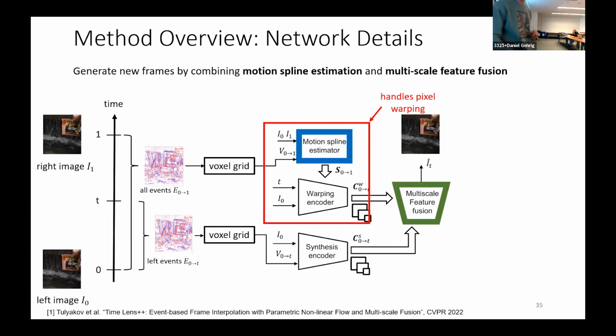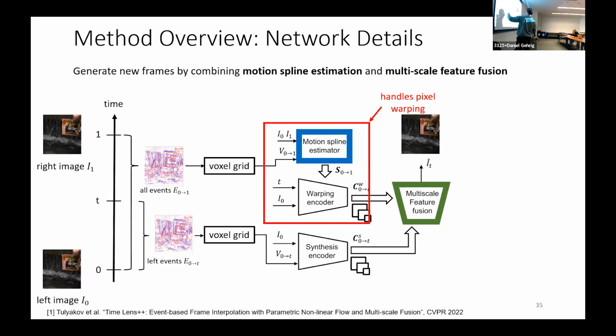specially designed neural network, which uses parametric flow. One of the branches of this network uses events to estimate motion, and it does this in a parametric way. So you can insert a timestamp whenever you want and reuse the features from this network to get the features from the image transported to different timestamps.